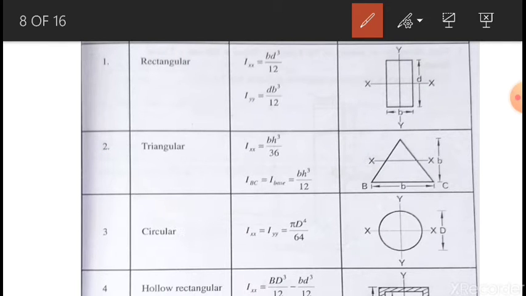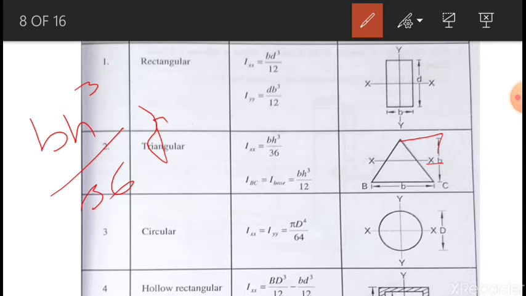Next is for triangular, it is b h cube by 36, from the vertex. If you are calculating from the base, then it is b h cube by 12.